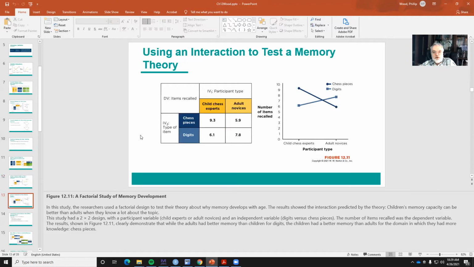And a second example is to look at remembering things, remembering a chess piece. And what we have here is we have children and the children are chess experts, and we have adults, and we're testing their memory on whether this is a chess piece or whether it's a digit of some sort.